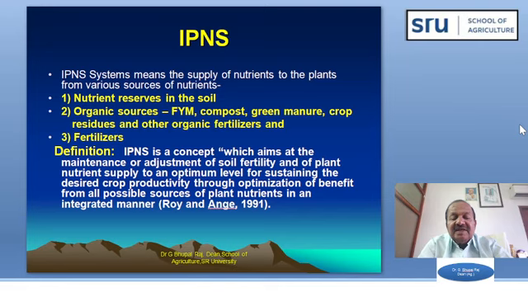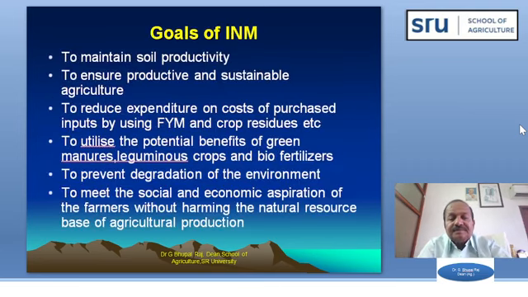So the definition of IPNS is the concept which aims at the maintenance or adjustment of the soil fertility and the plant nutrient supply to an optimum level for sustaining the desired crop productivity through optimization of benefit from all possible sources of the plant nutrients in an integrated manner. This is the definition given by Roy in 1991.